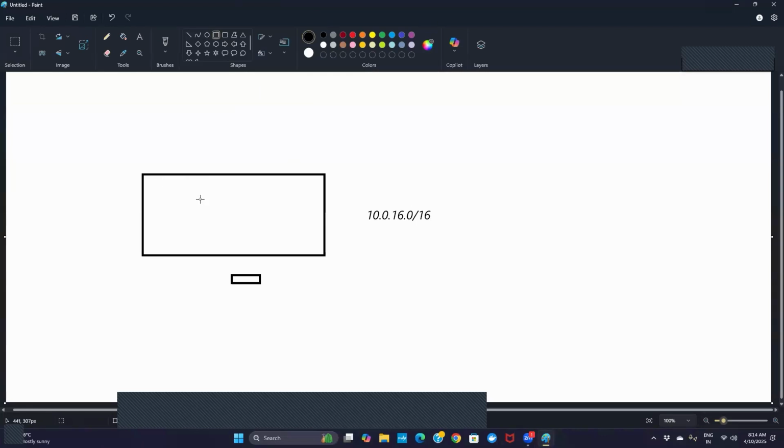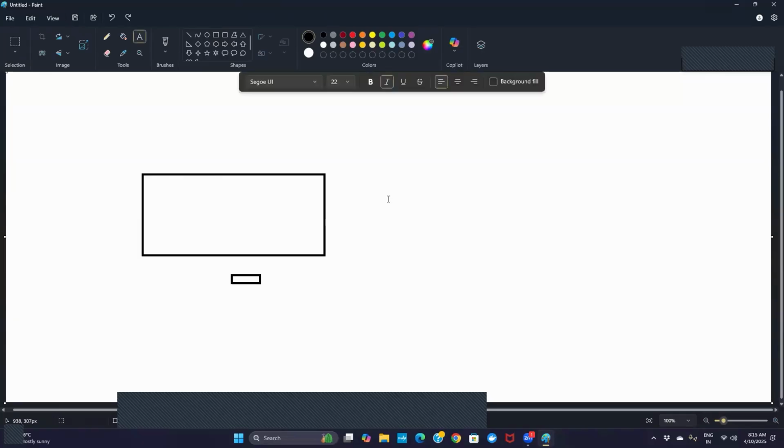So when you're planning the subnets here, let me create a network like 10.16.0.0/16 or /24, whatever it is.